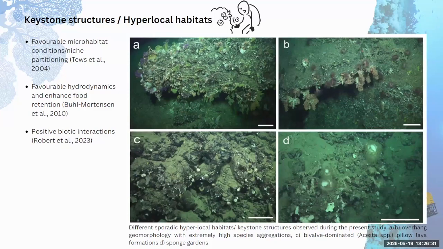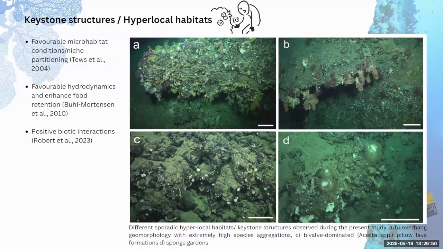Another feature that we observed is having these keystone structures or hyperlocal habitats. As you can see, in some terrain morphologies, they give rise to high densities of species associations compared to the other areas of the vertical walls.